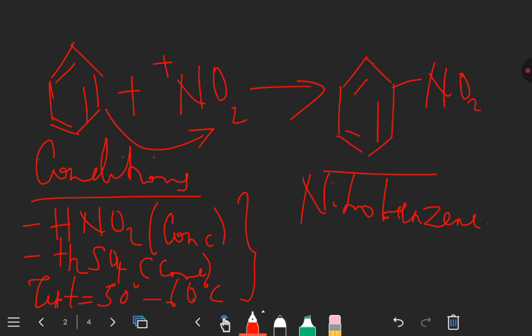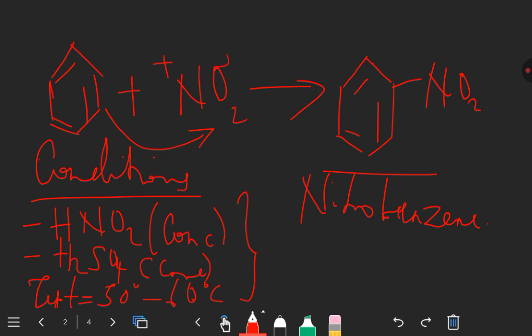As I mentioned, the nitric acid is able to react with the sulfuric acid, and the sulfuric acid in this case just plays a role to produce the electrophile, and this electrophile is what we call the nitronium ion.